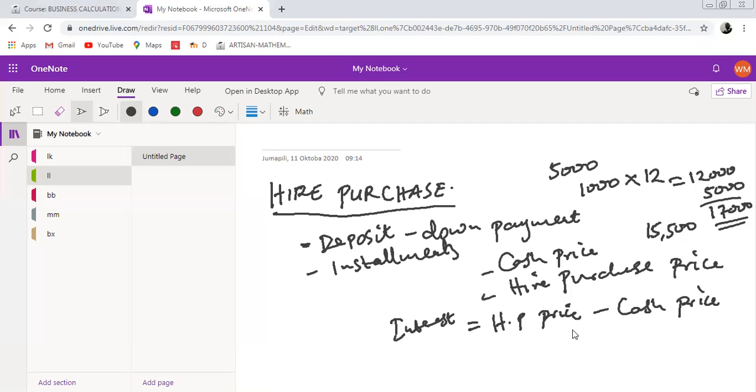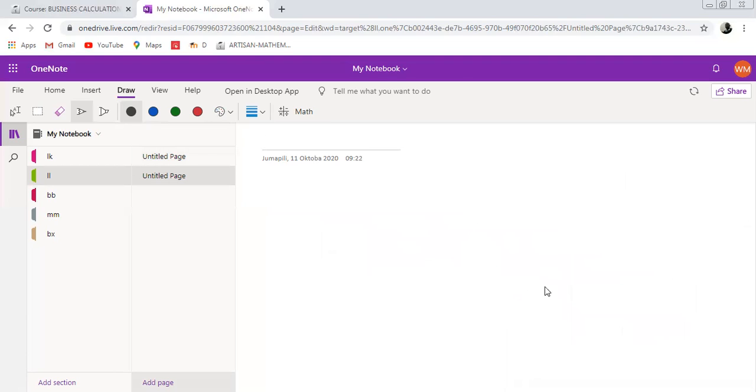So in this case, the interest would be 17,000, which is the hire purchase price, minus 15,500. So there is an interest of 1,500 that you pay on top for having acquired the item through the hire purchase terms. Let us go and see the formulas that we normally use in manipulating hire purchase questions.